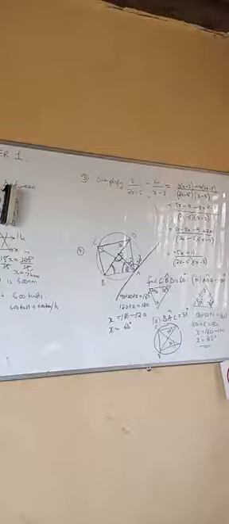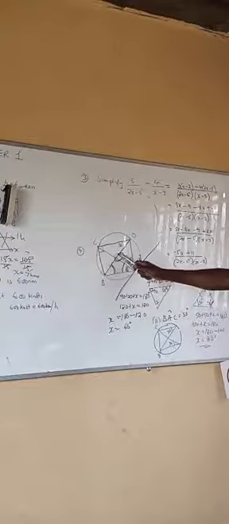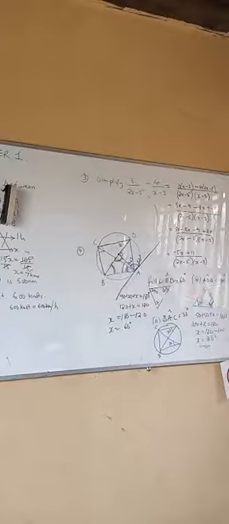I'll just give you the basic principles. Depending on how the question came, they can bring different angles. I just want you to understand how the questions are worked on. The radius meets the tangent at 90 degrees. So if this is 50, you subtract from 90, get 40.